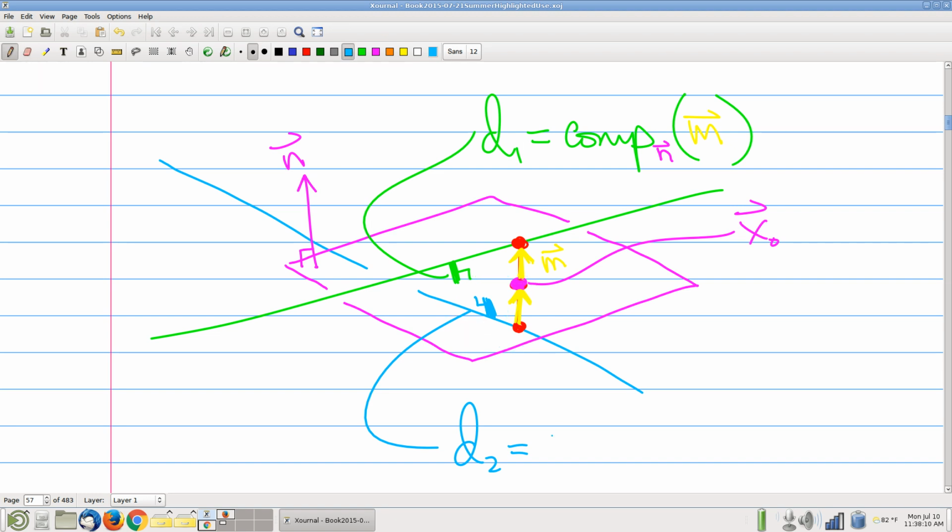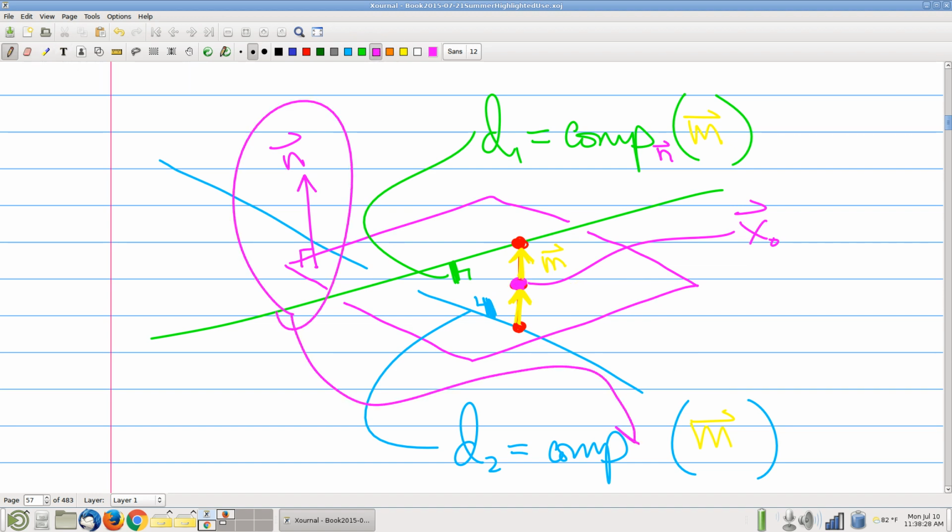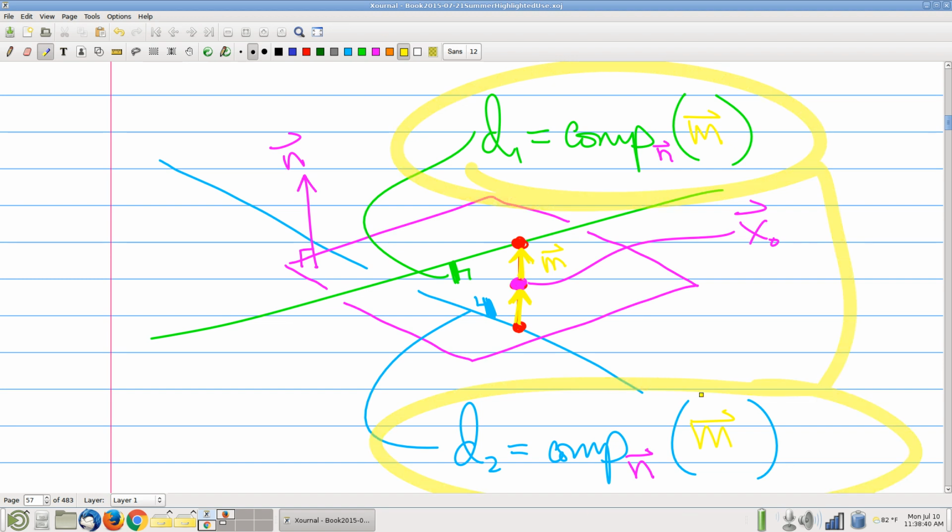What I'm really interested in is the component of that vector M in the correct direction, which is again the normal vector direction. So how do I know that these are equidistant? Because the formula for these two distances is the same exact formula. It's really convenient how that works out. That argument shows that if you choose the midpoint to be your x naught, then they will be equidistant.